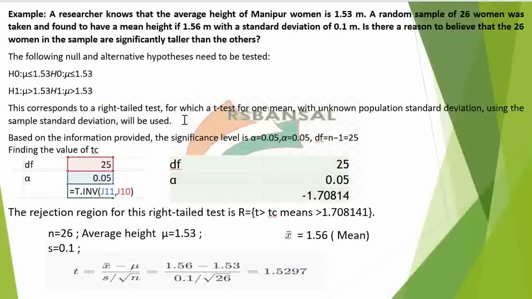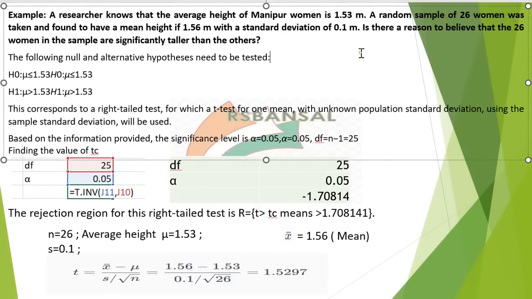A researcher knows that the average height of Manipur women is 1.53. This is from previous research. It has been found that the height of a Manipur woman is 1.53 meters.